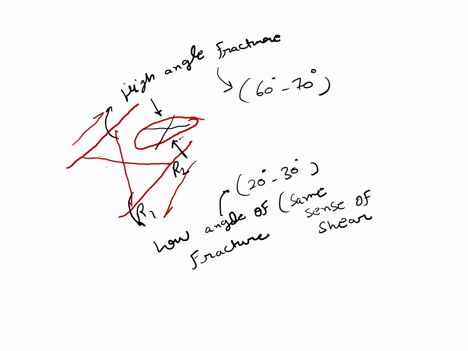So now we see the different types of characteristic features developed by these Riedel shears. First we draw the diagram to make a clear understanding of this picture. Here we make a better diagram to clearly understand this Riedel shear fracture.